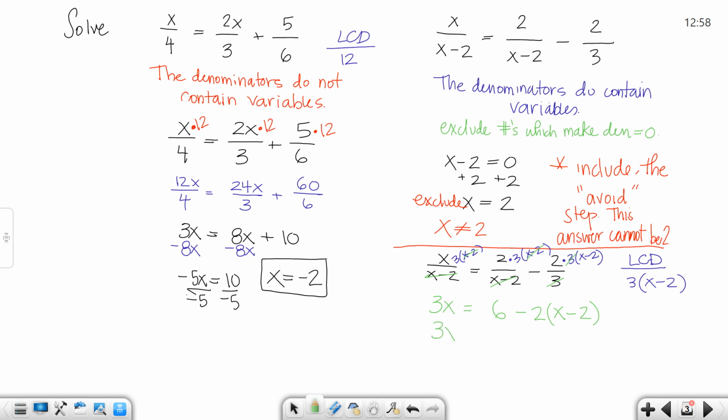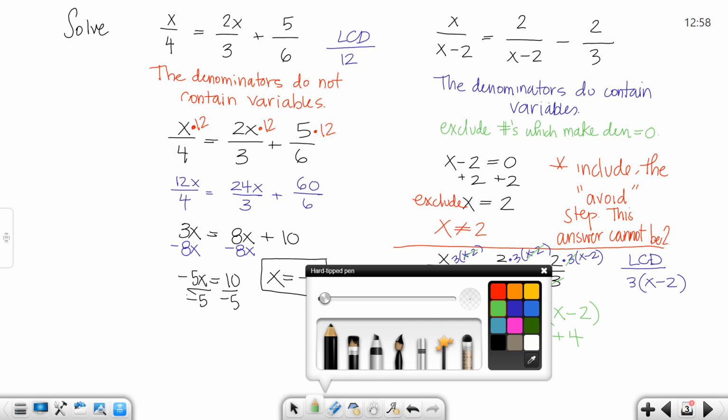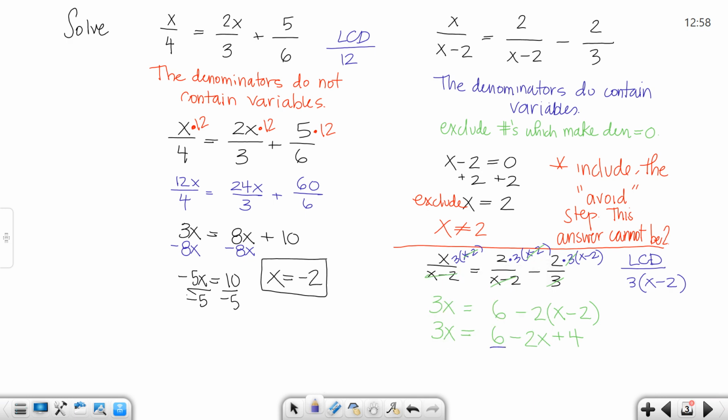Get rid of parentheses first. Remember, two negatives are going to make a positive 4. On this right side over here, you have like terms, so we can simplify that.